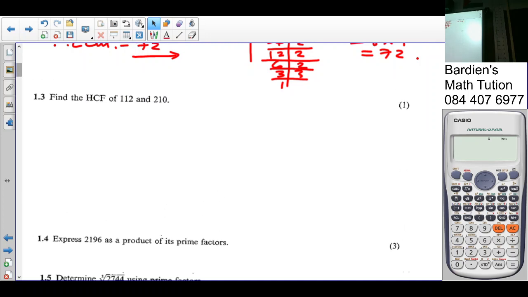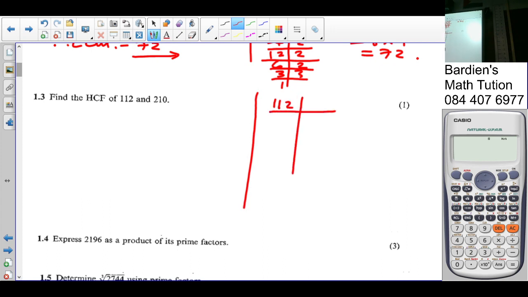Okay? The next one. The highest common factor. Again, there's two ways of doing this. Either we work out the factors, or we use products of prime factors. Okay? I'm going to use products of prime factors first. So 112, the first factor is going to be 2. 112 divided by 2 is 56, 2 goes into 56 28, 2 goes 14, 2 goes 7, 7 goes 1.